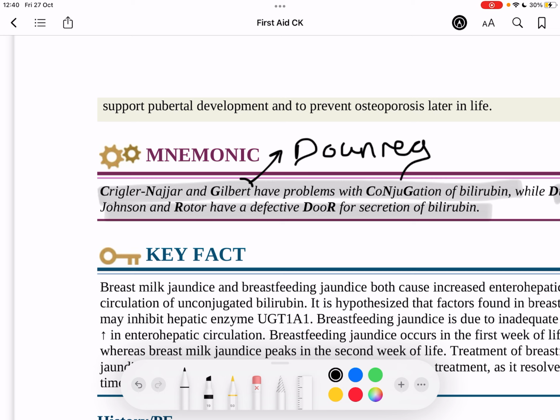So these patients just have a mildly decreased activity of the conjugating enzyme, and usually only have jaundice and high unconjugated bilirubin in times of stress, menstruation, infection, trauma, etc. So you're not going to be seeing Gilbert syndrome in neonates. Crigler-Najjar syndrome, however, is due to a heavily defective conjugating enzyme, and you will see this in neonates.